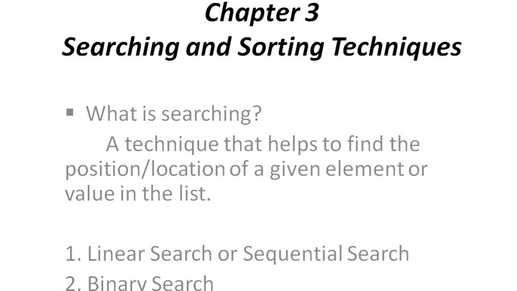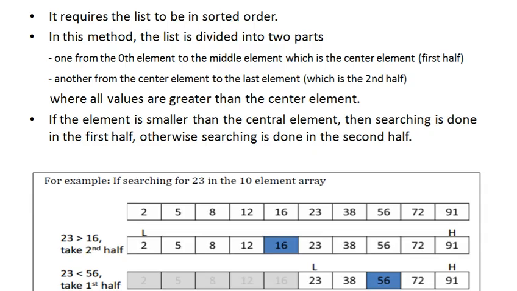In this method, the list is divided into two parts: the 0th element to the middle element, that is the first half, and the middle element to the last element, that is the second half. The search proceeds depending upon whether the target element is greater or smaller than the middle element.